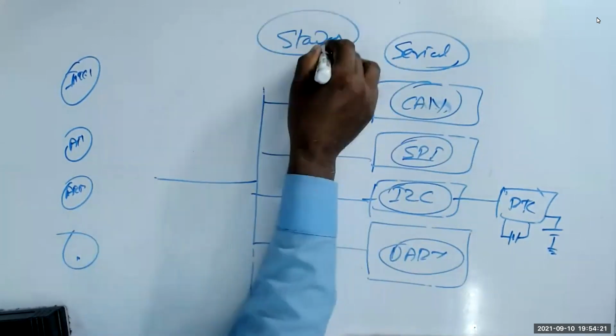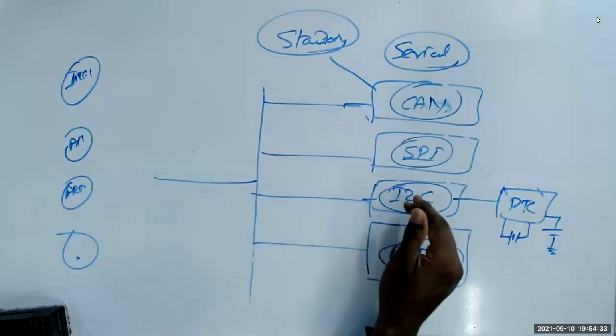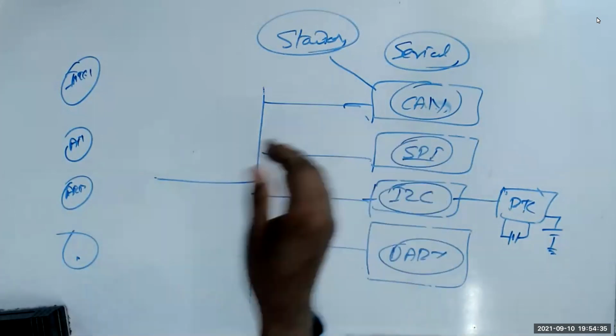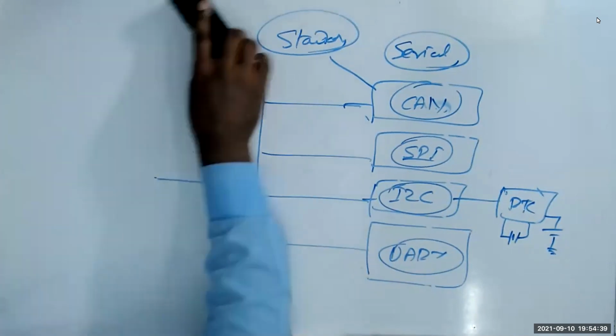Then you have to understand, go by the standard, what the standard committee says. Okay. Then when you will use what? When you will use UART, when you will use I2C, when you will use SPI. There's a small trick here, which I have to tell you.